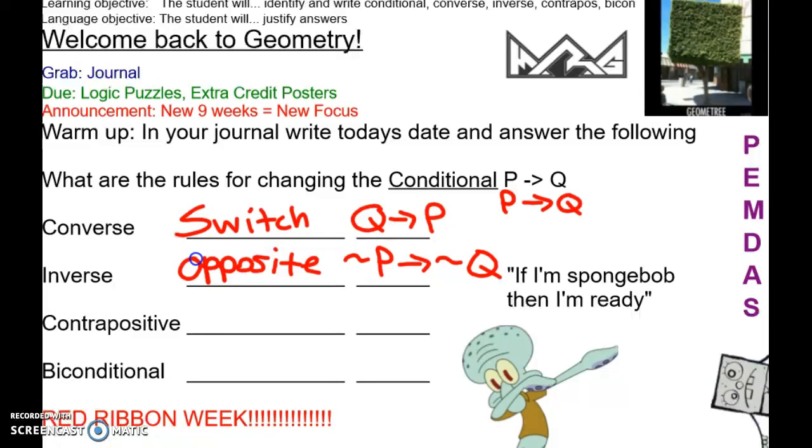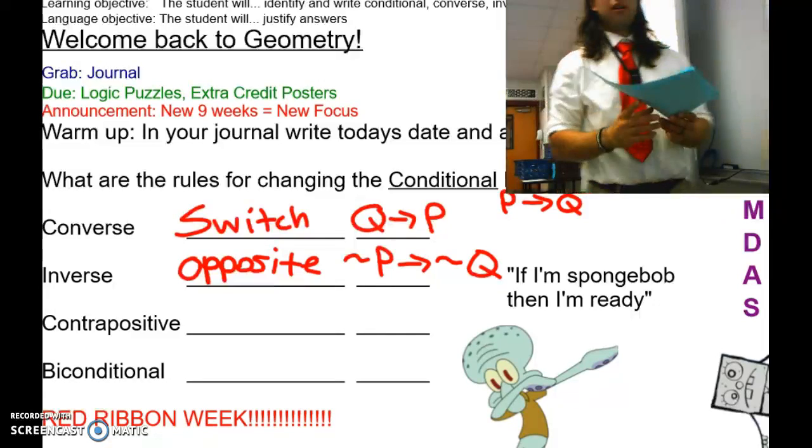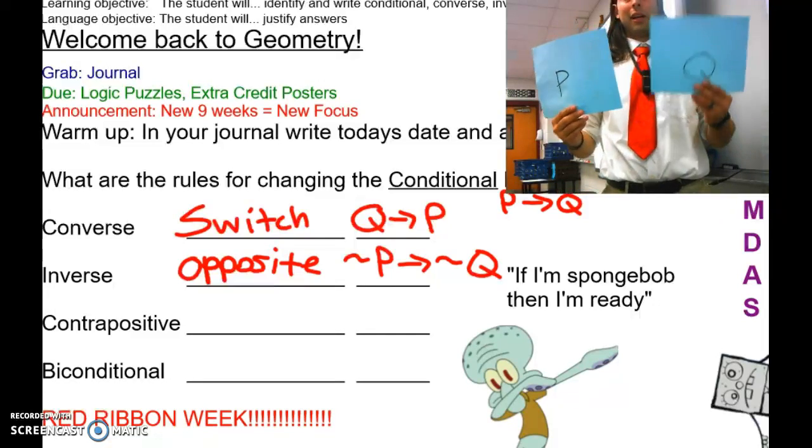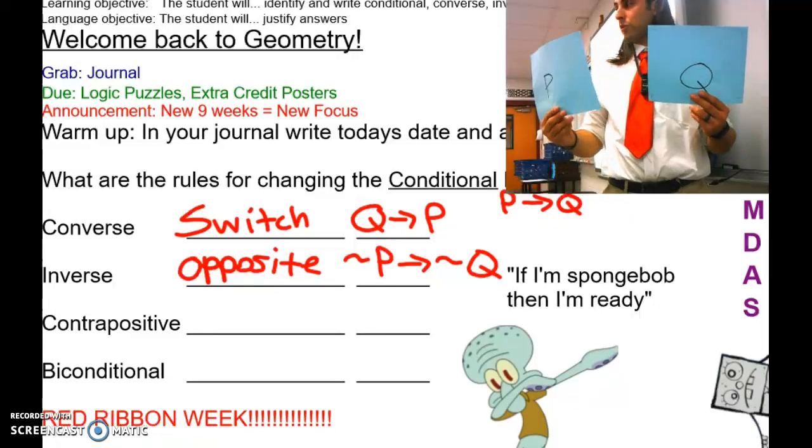For contrapositive, you're going to do what with P and Q? Flip them. It's not just one thing. They're going to switch places, and I flip them, meaning opposite. Okay? So if you want a visual of that, I got P implies Q, and for contrapositive, it's both.